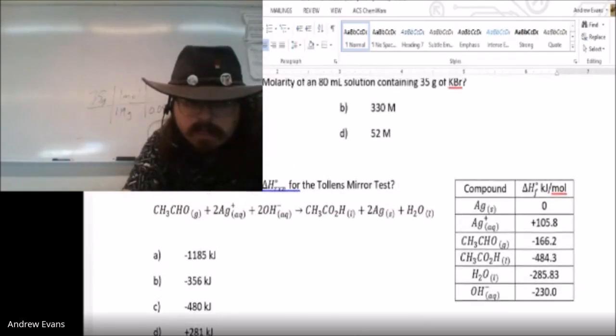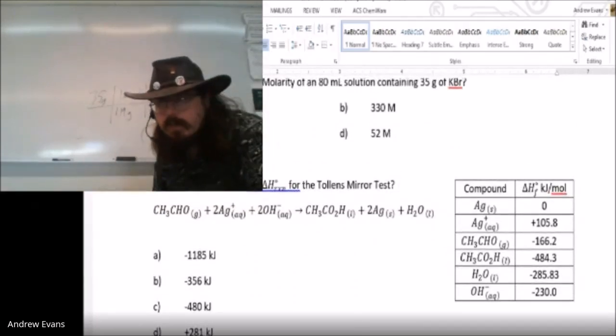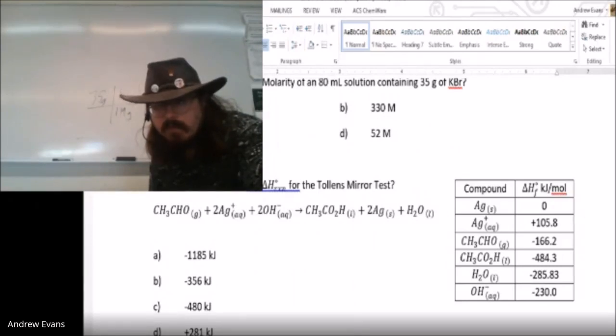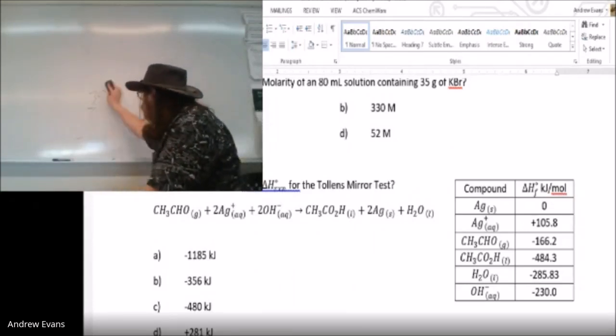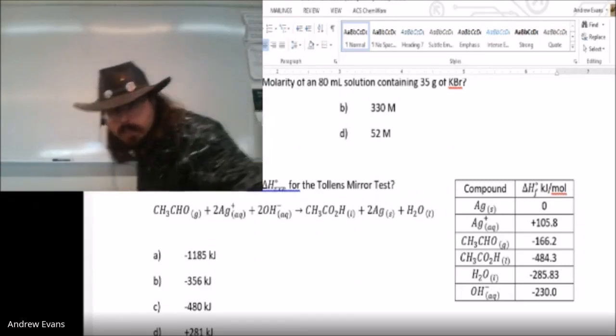Calculate the delta H of this one. Pretty straightforward, pretty standard. Look at what we need, add up all the products, add up all the reactants, subtract. Delta H reaction is the sum of all the products minus the sum of all the reactants.